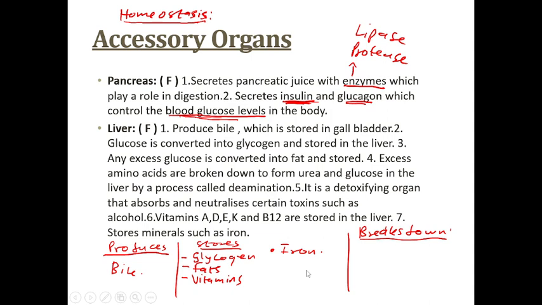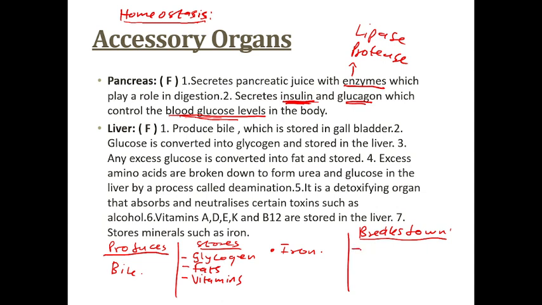It also stores iron. That's why, have you ever heard in your diet when you're lacking iron, they say you can have liver? It's rich in iron, because it's a storage place for iron. Fe. Are we together? All right.